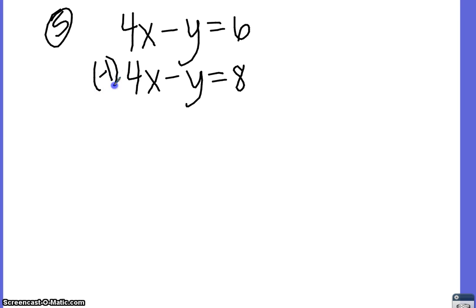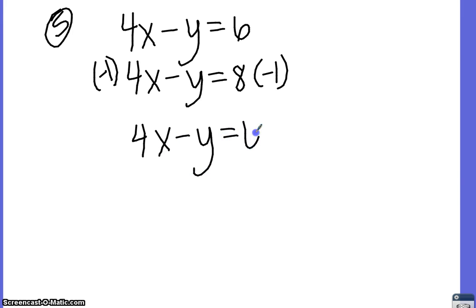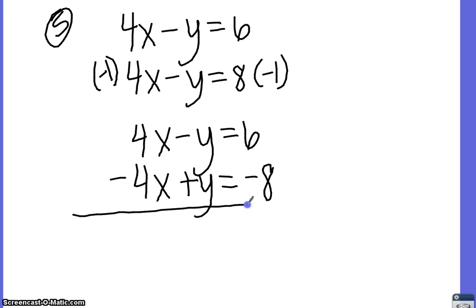If I multiply everything by a -1 on the second equation, when I end up adding them, look what's going to happen. So my first equation did not change, so I'm going to rewrite the equation. My second equation now becomes -4x plus y equals -8. Now what it tells me to do is that I'm going to either add or subtract my first and second equation.